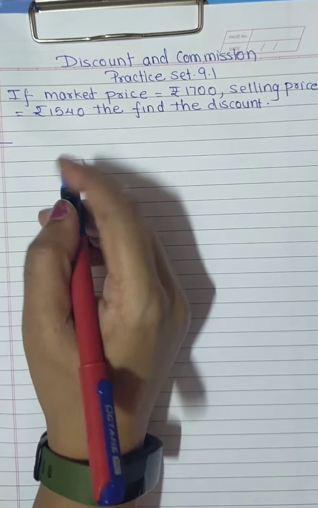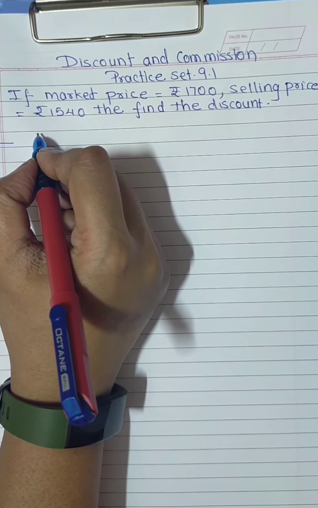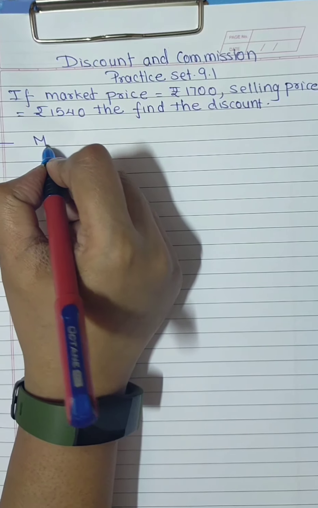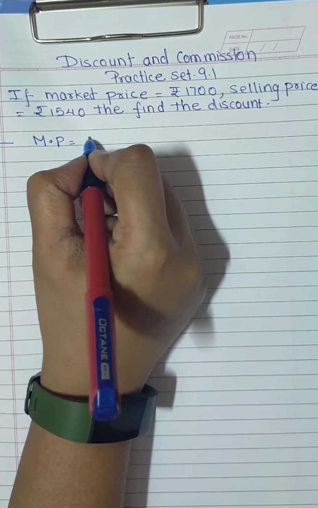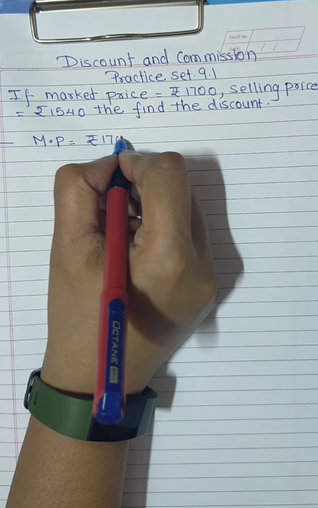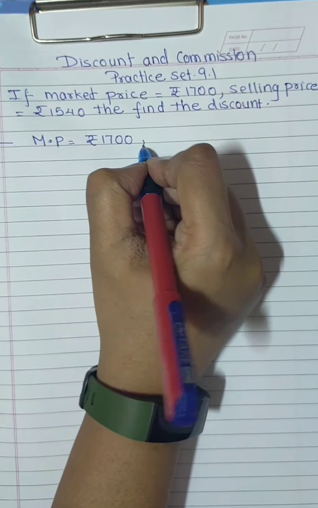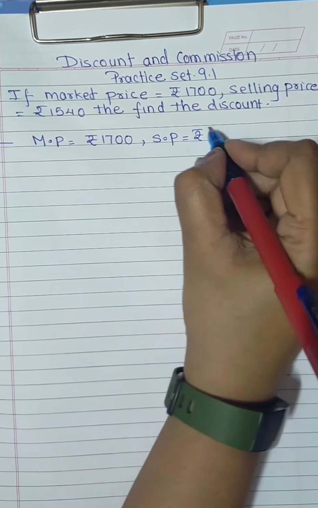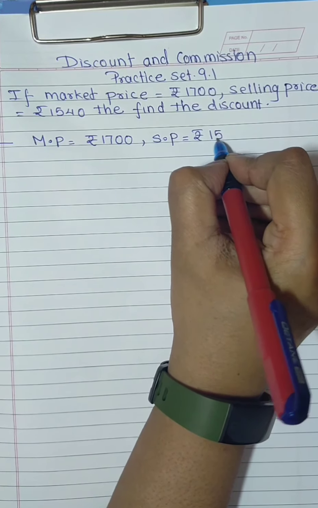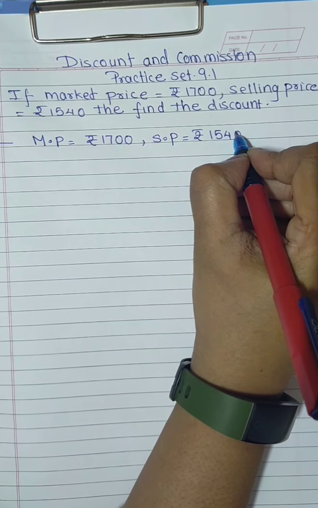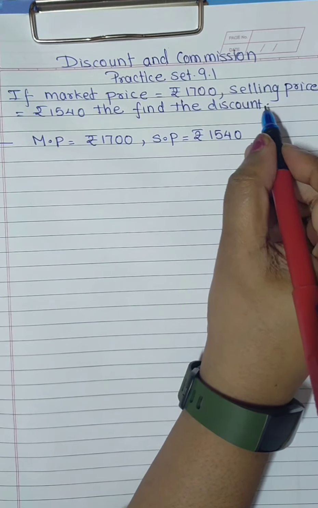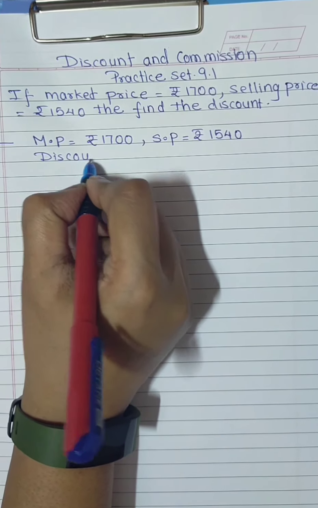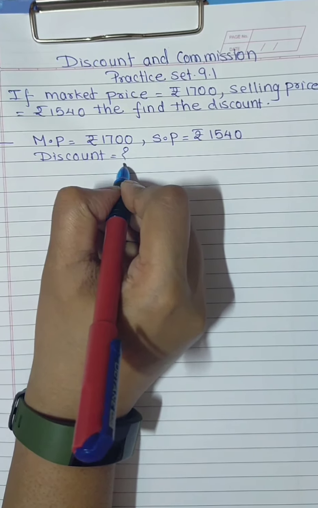The market price, the MP, is given rupees 1700, selling price is given rupees 1540. Okay, and here we have to find the discount.